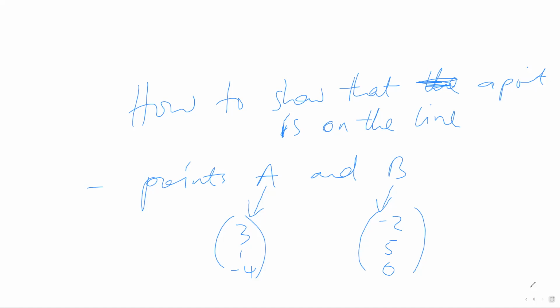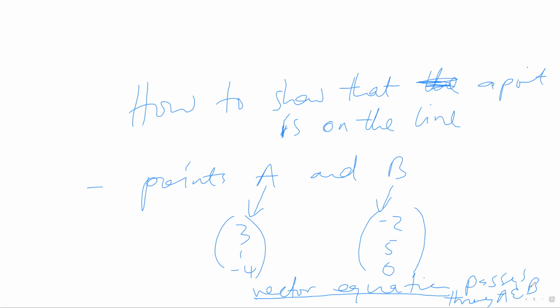So now we want to write a vector equation that passes through A and B.